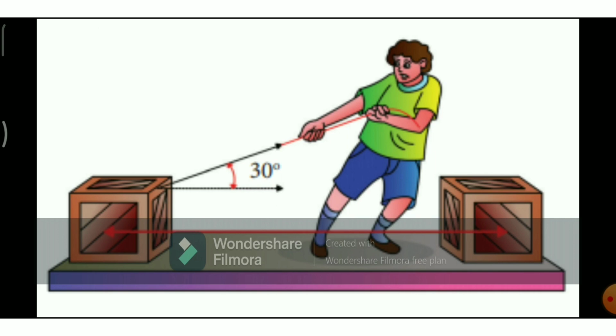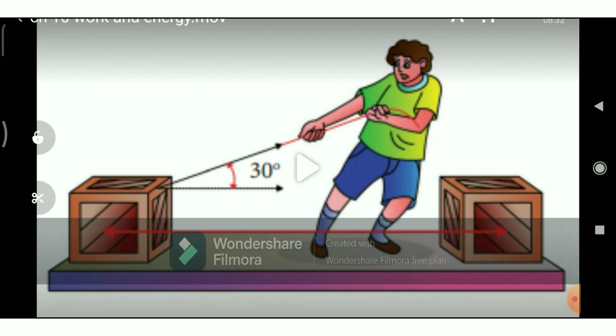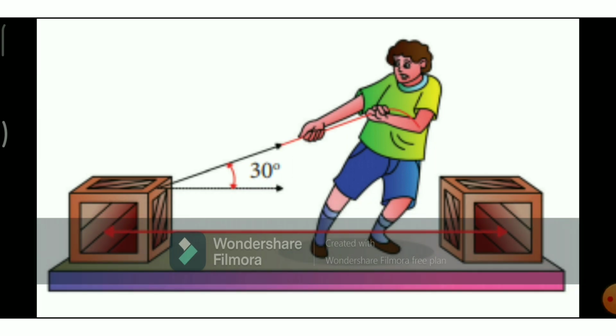Without these two things, we cannot say that work is being done. Without applying any force, can the object move from one place to another? No. Or if you are applying force but there is no change in the position of the object, we cannot say that work is done. So for work to be done, force and displacement are necessary.